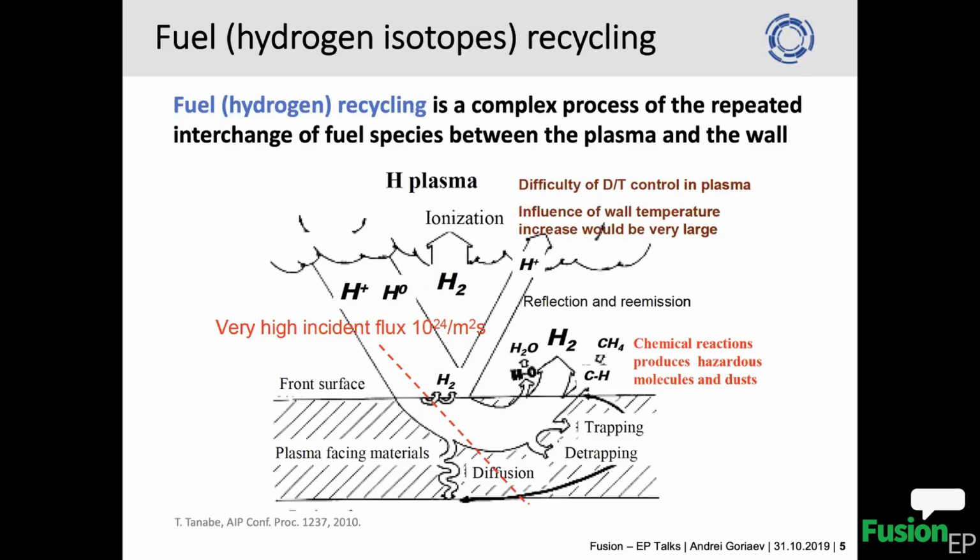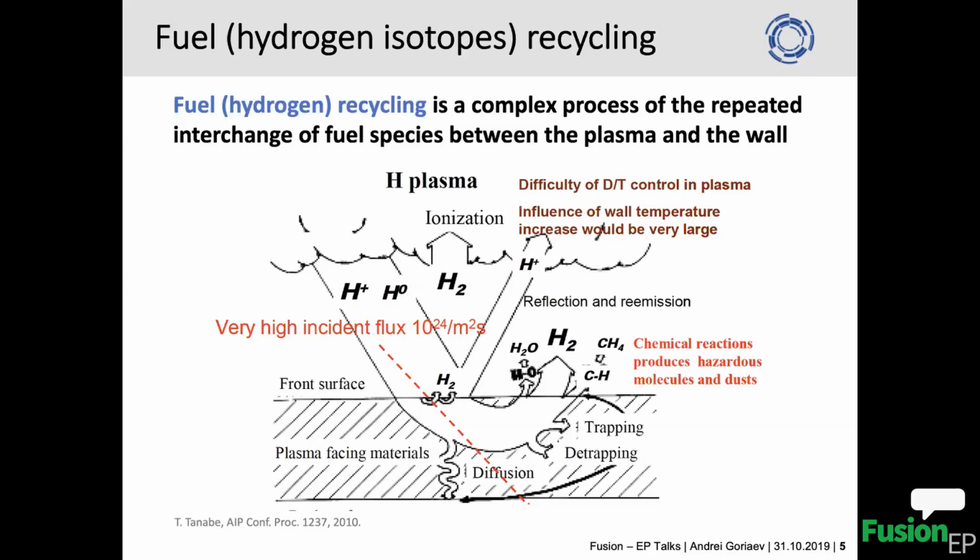So you have your fuel, hydrogen or isotopes, inside your plasma-facing components. It means that it's really tricky to control your density. You inject some gas, you expect to have a certain density, but during your plasma discharge, some fuel is pumped, so the density is lower than you expected, and you have to puff more fuel inside.